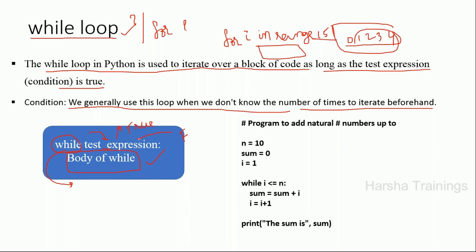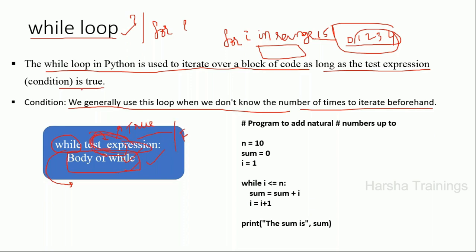But in a while loop, I am giving some condition, but I don't know how many times it will run. Until the expression becomes true, I will execute one statement or a set of statements. Whenever the expression becomes false, I will come out of the loop.